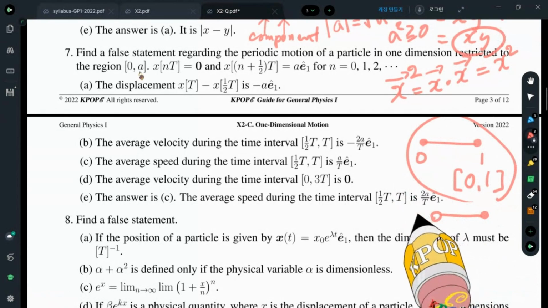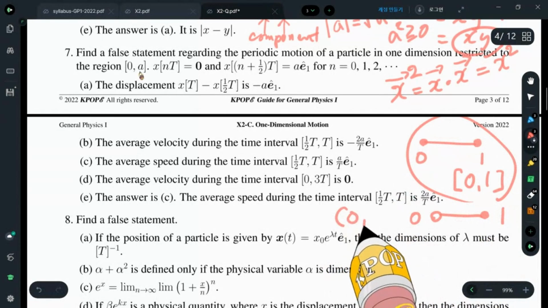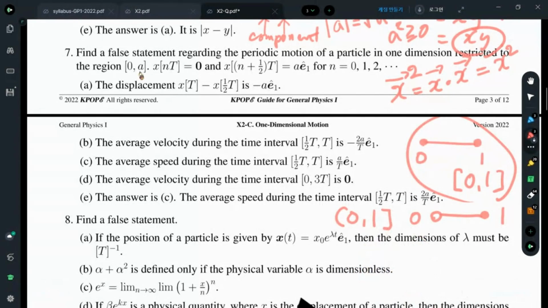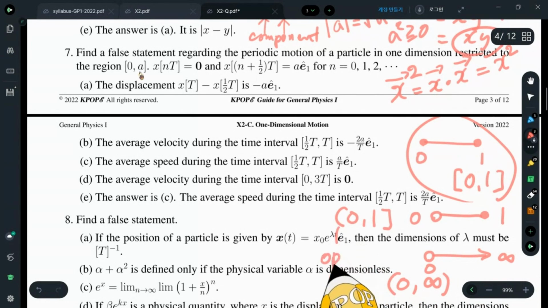How can I write it in that case? 0, 1. Understood? And then what happens if I consider this one to infinity? In that case, this is 0 to infinity, all open. So this is open, closed.